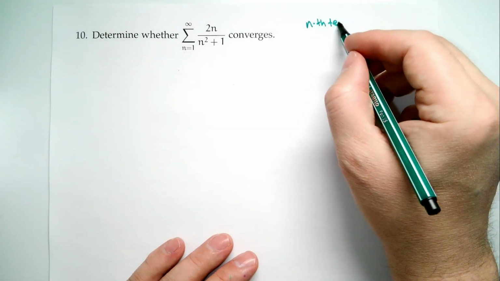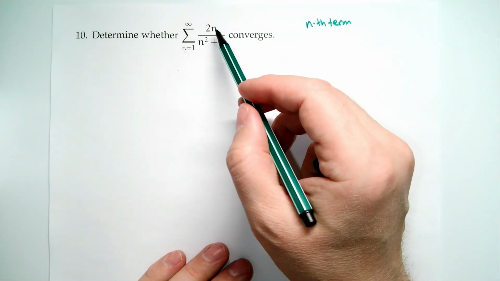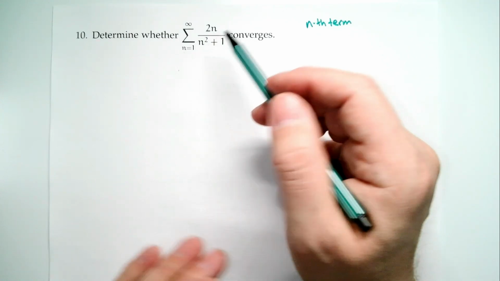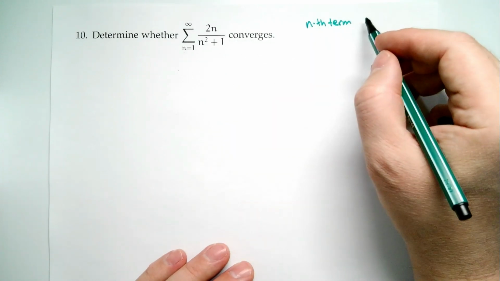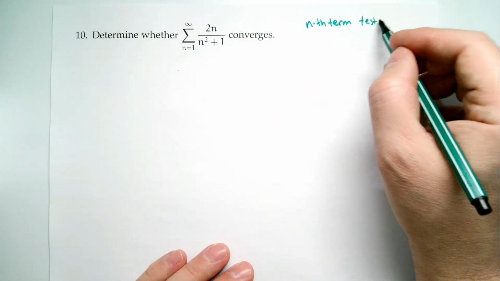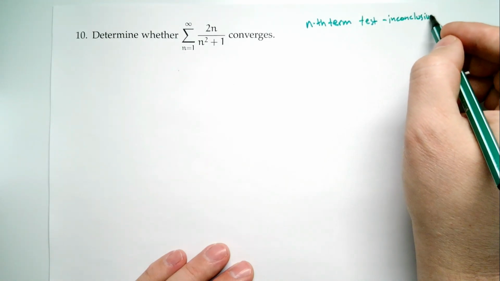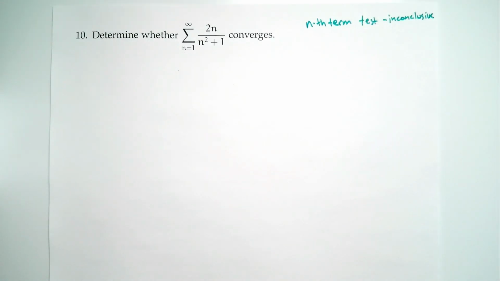If you look at the terms, you'll have a big number over a really big number. Essentially, it's like n over n squared. It's about 1 over n. Well, that's going to get small. So, inconclusive, because the terms go to 0, so it might converge, it might not converge. We don't have enough information at this point in time.